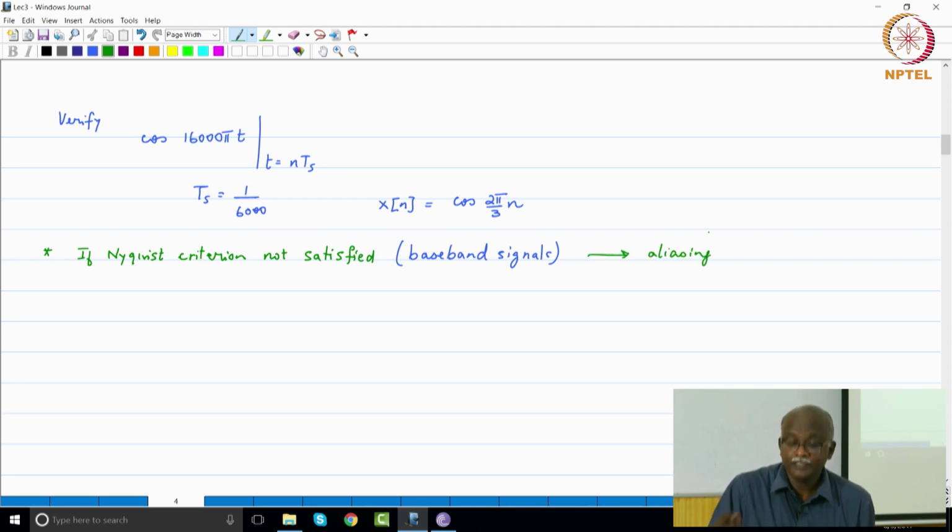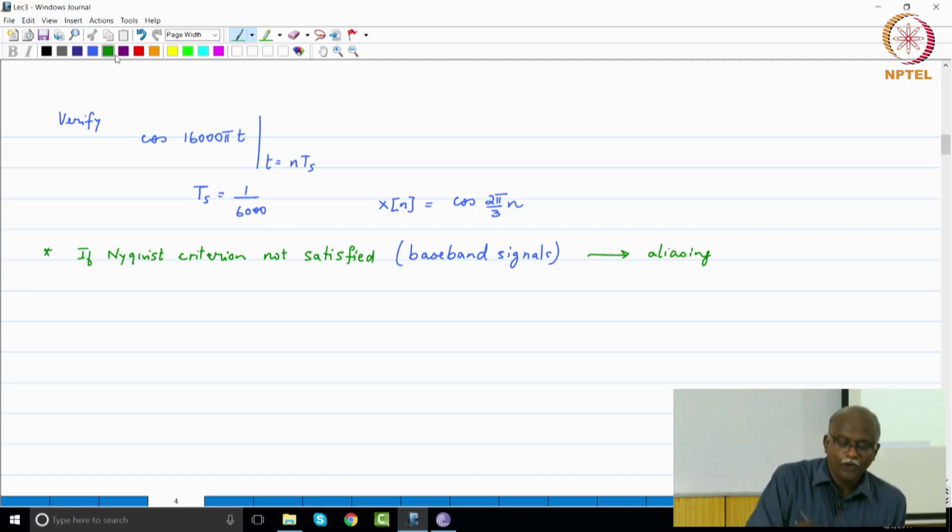The fact that the process of sampling is going to produce multiple copies is not the issue. The issue is that there could be an overlap of the images. If you want to ensure that aliasing is not present when a baseband signal is sampled, we have to employ an anti-aliasing filter, AA filter.